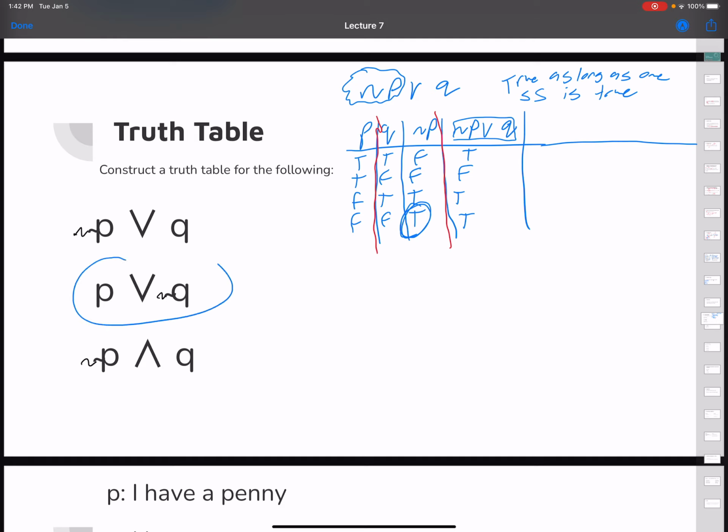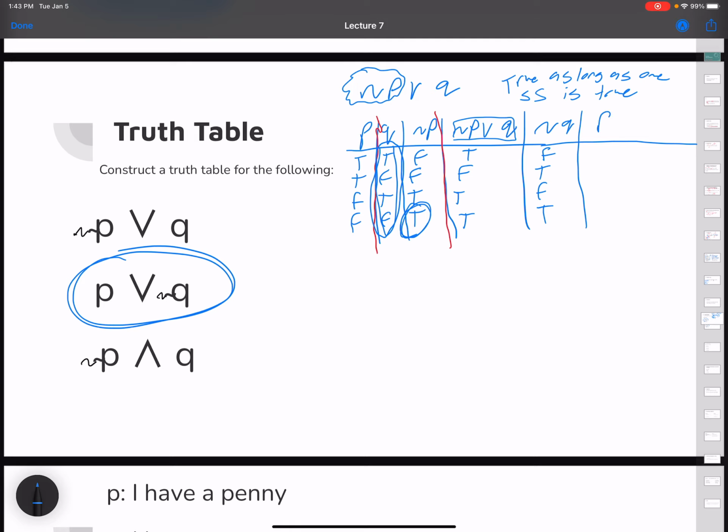So with the second one, this time we need our not Q. Not Q is going to be the opposite of Q. And the opposite of Q here is going to be false, true, false, true, because Q is true, false, true, false.